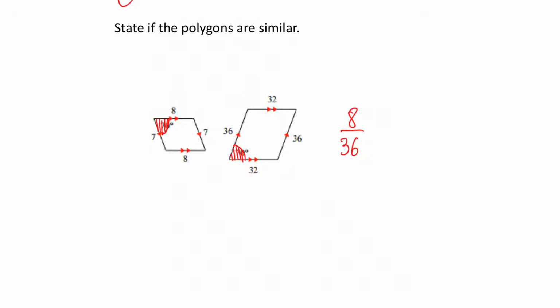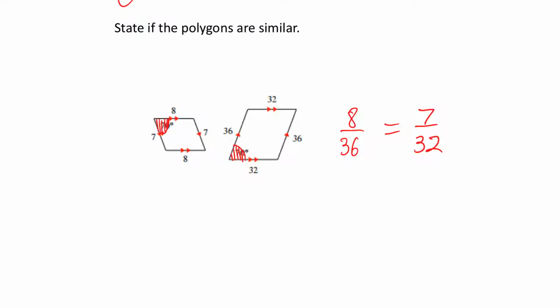The 8's going to match up to the 36, because you're going to have to take this and turn it 90 degrees to make this 70 match up to this 70. So the 8 matches up to the 36, and the 7 matches up to what? The 32. So I want to know, are these similar?